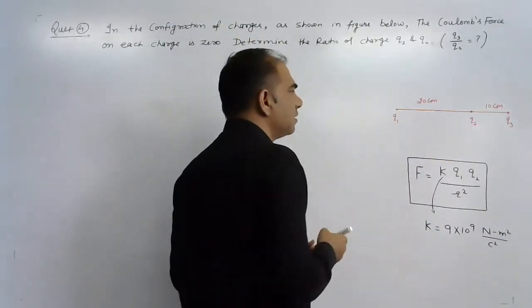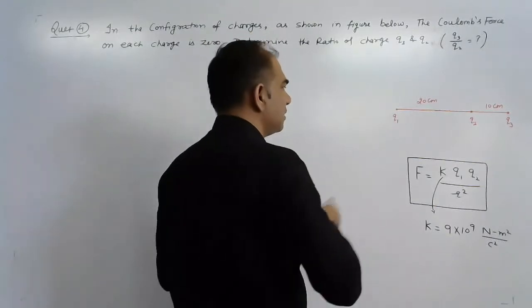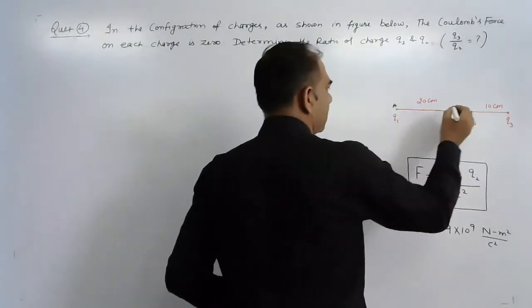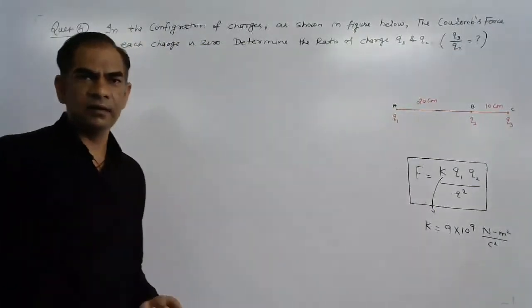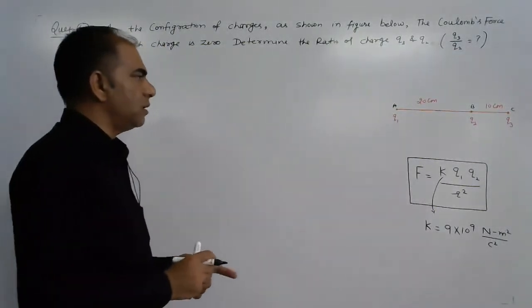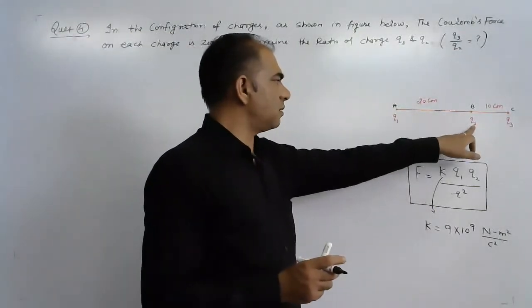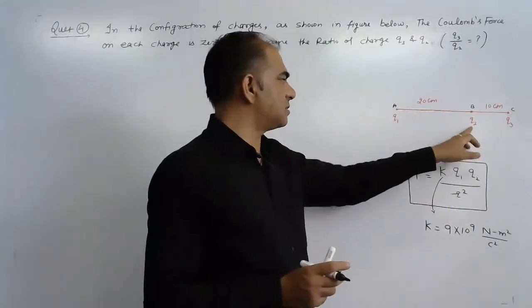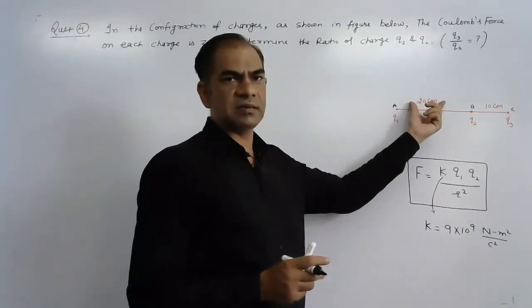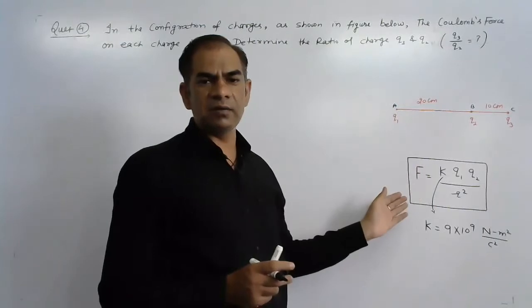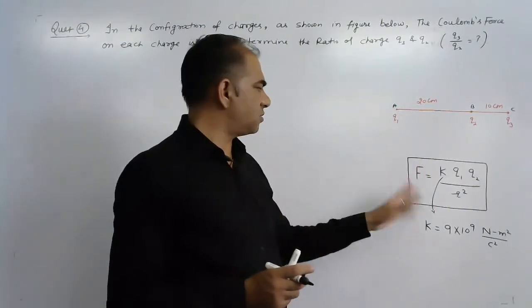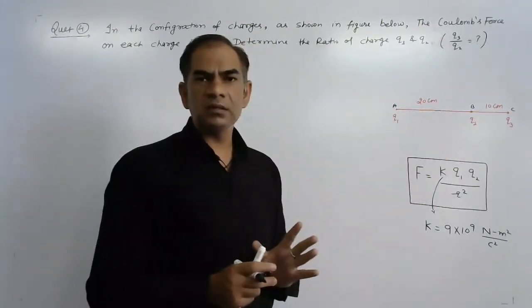We consider there are 3 points. This point we consider A, this point is B, and this point is C. We consider first charges Q2 and Q1, separated by this distance. Then the force exerted by Q2 charge on Q1 is calculated by this method, known as F12.